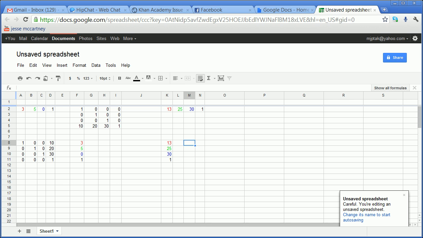So what I've done here is laid out a matrix multiplication. If you double click on that, it shows you it's this times that. So I've done a matrix multiplication of a row vector times a transformation matrix. And now here, I've done the same thing, but it's a transformation matrix times a column vector.